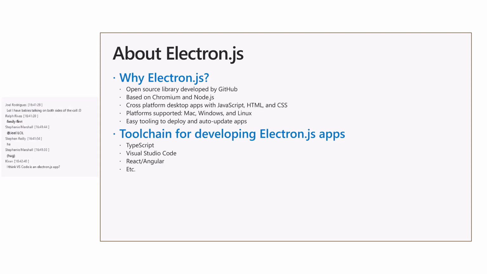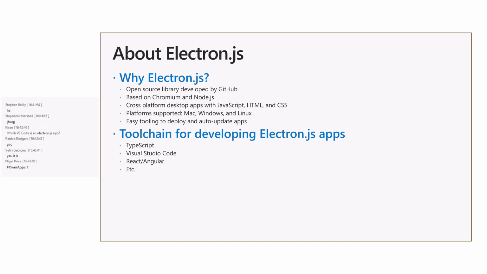From a tool chain perspective, developing Electron.js applications can be done, this is just one set of options, using Visual Studio Code and TypeScript language, as well as using React or Angular or the framework of your choice.